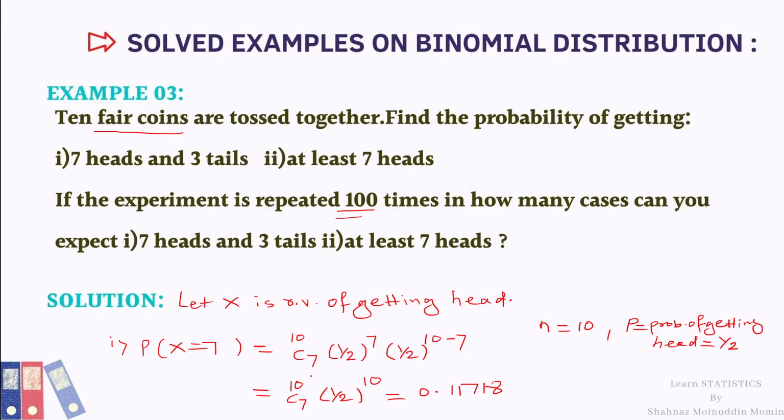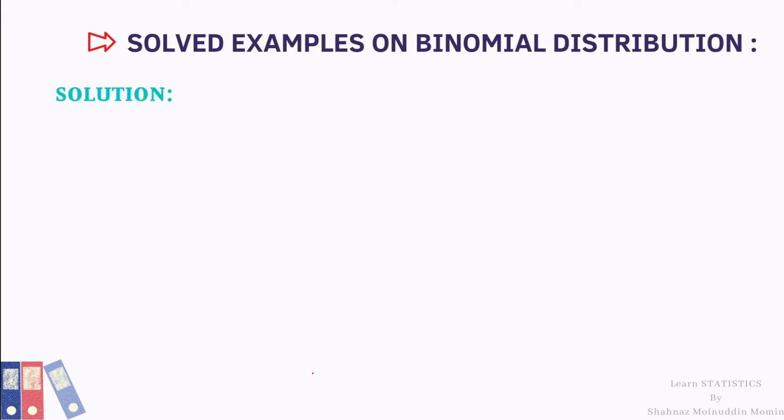Further, the experiment is repeated 100 times. So the expected number of cases of getting 7 heads and 3 tails, the expected frequency, is equal to n into probability X equal to 7.